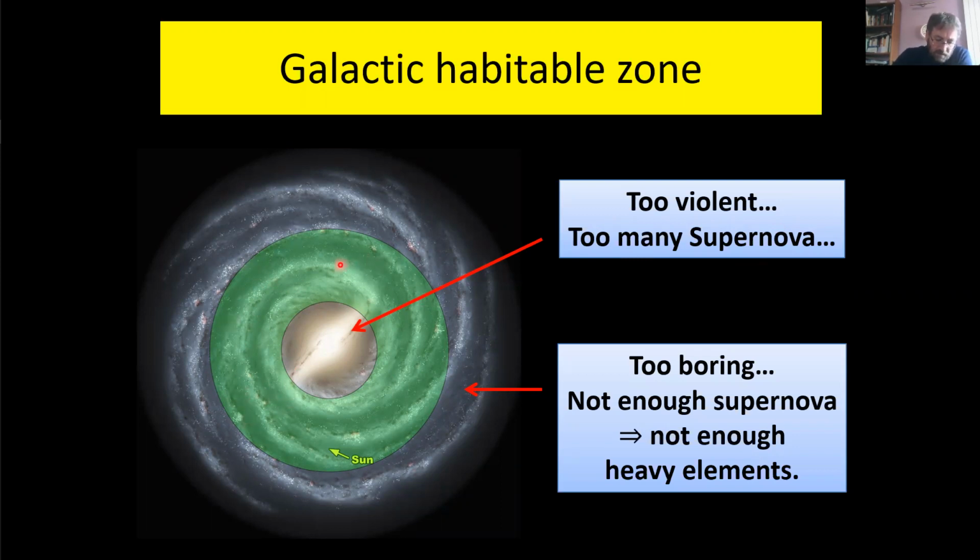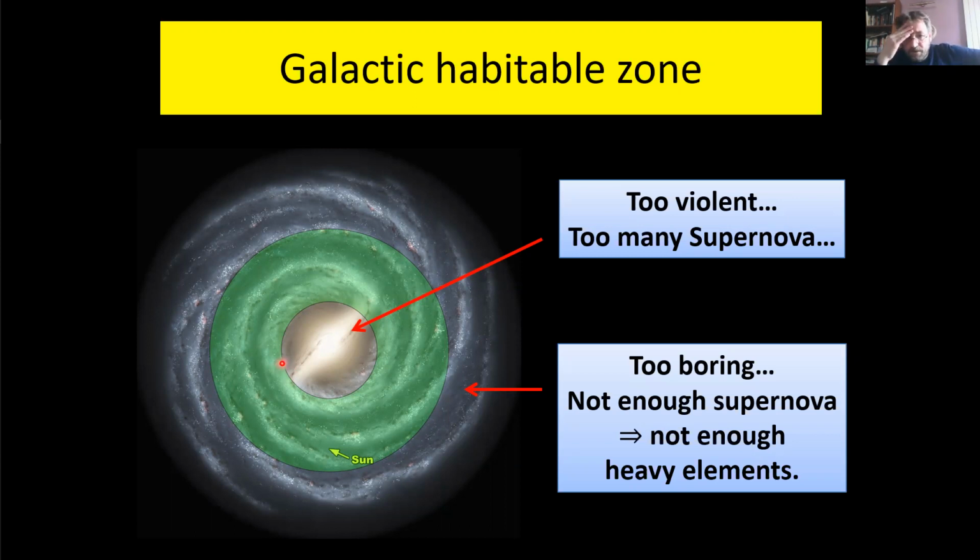If we go too far out, there are not enough heavy elements. So if we look for other folks in our galaxy, they are also limited to a range where we have enough chemical elements spread, but not too many violent events that breed these elements or compromise them.